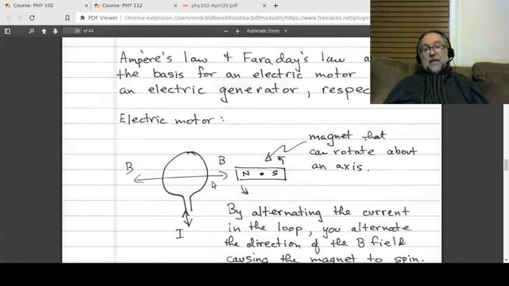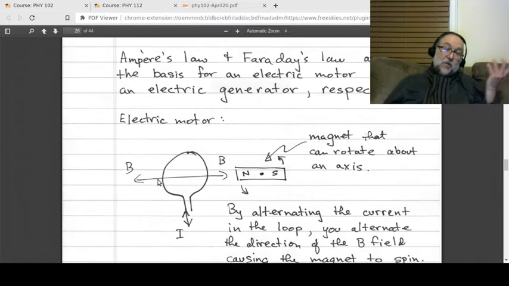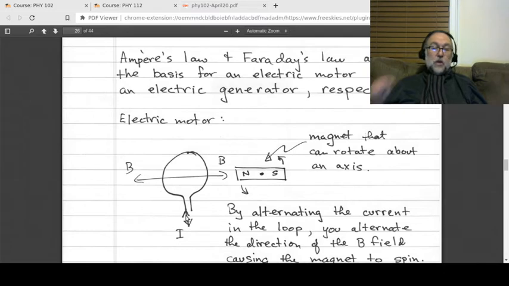That's why I have this magnetic field, and it looks kind of funny there because it's pointing this way, and then also the other way. Well, it depends on which way the current is going. As the current bounces back and forth, the B field is going to bounce back and forth. One moment the B field is one way, the next moment the B field is the other way.